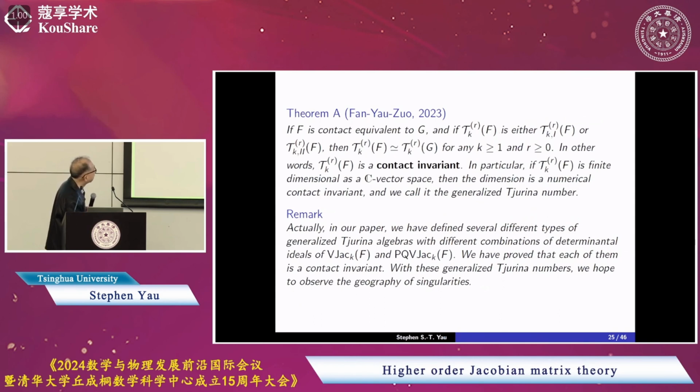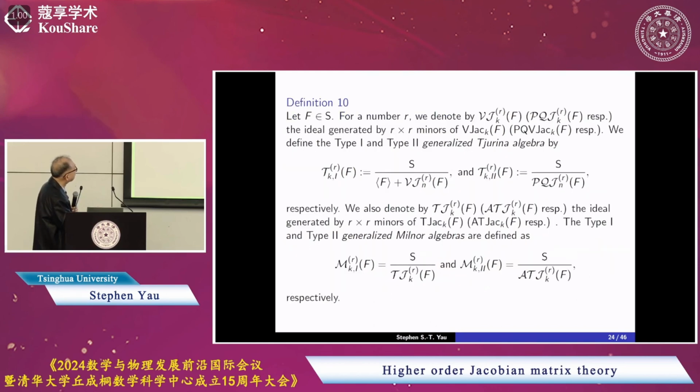Our main theorem says that the algebras I just defined, the generalized Tjurina algebra type 1 and type 2, are contact invariants.